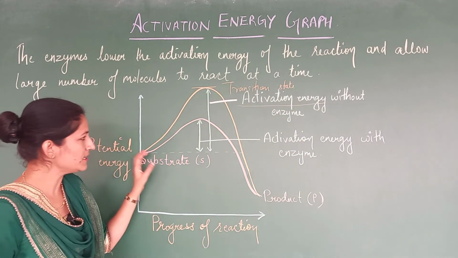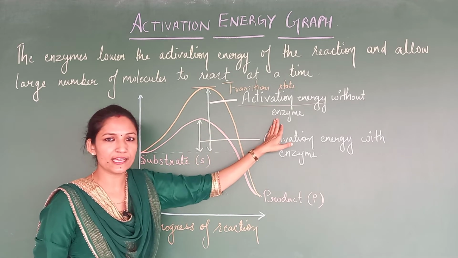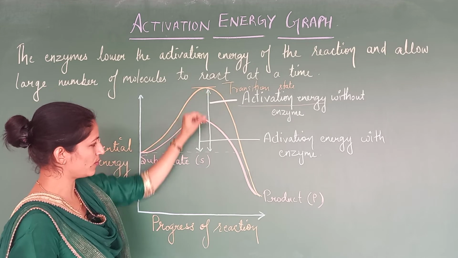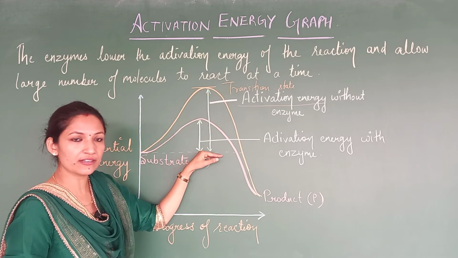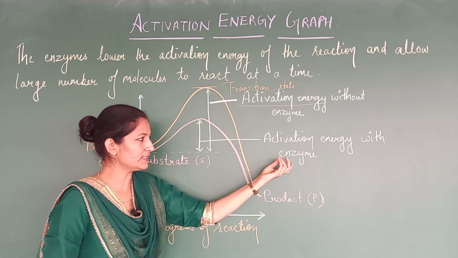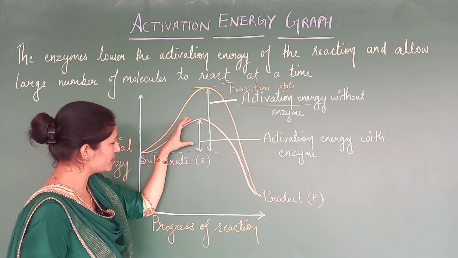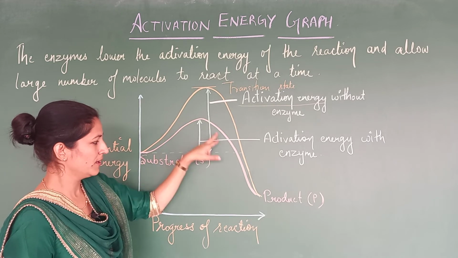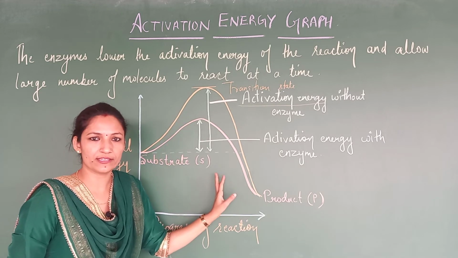Here you can see that when we are not adding the enzyme, the activation energy is high. This much energy is required to go from the lower energy level to the higher one. And after adding the enzyme, the activation energy is decreased, as you can see by this pink colored line on the graph.